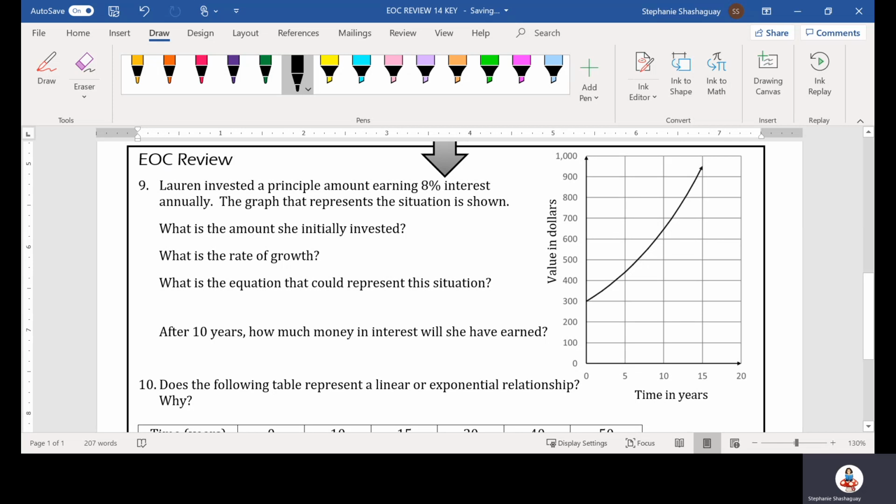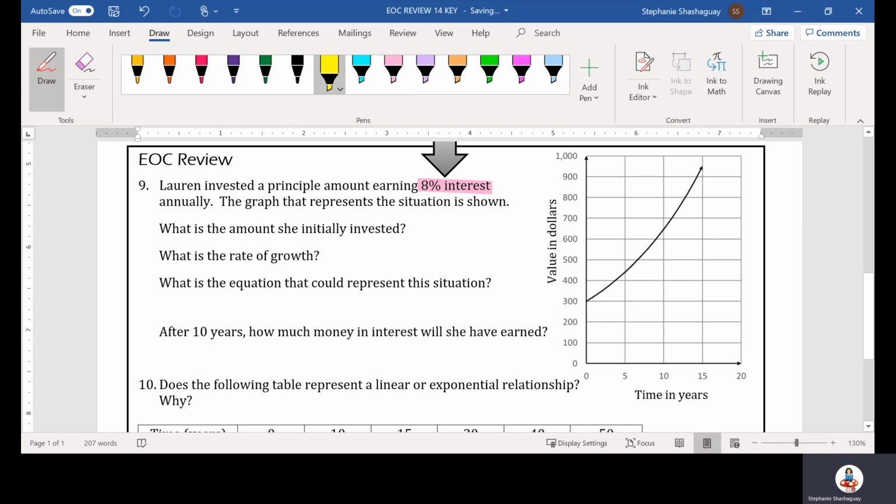Number 9, Lauren invested a principal amount, earning 8% interest. The graph that represents the situation is shown. What is the amount she invested initially?